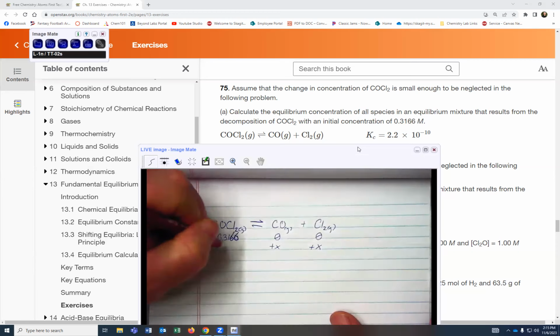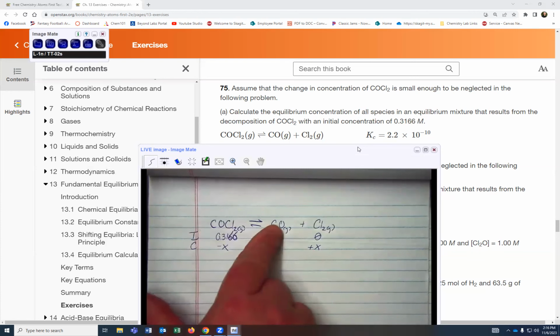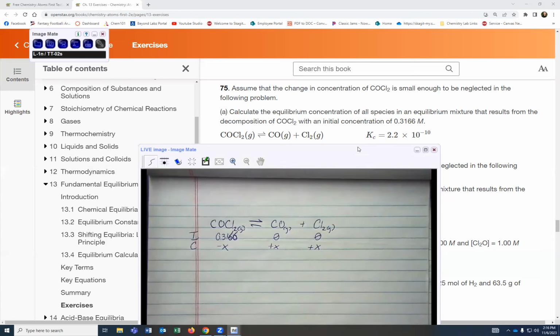On the reactant side, minus X. The reason why it's 1X change for each of these is because it's a 1-to-1-to-1 mole ratio. Remember, if we had a 2 or a 3 coefficient there, then our change might be a 2X or a 3X instead.